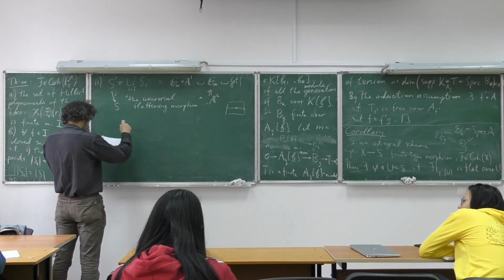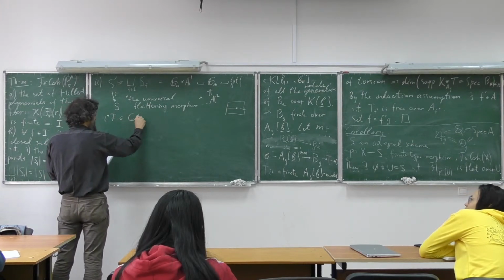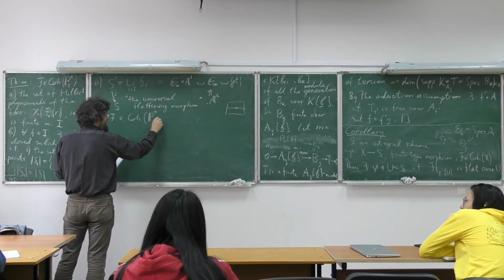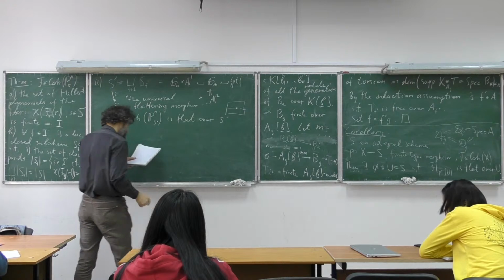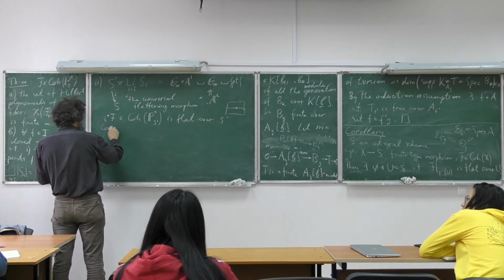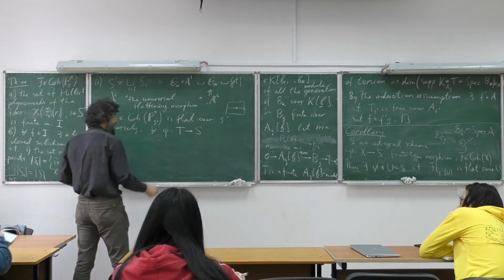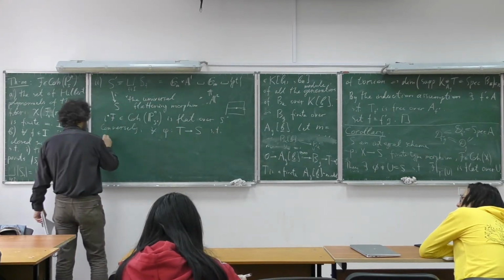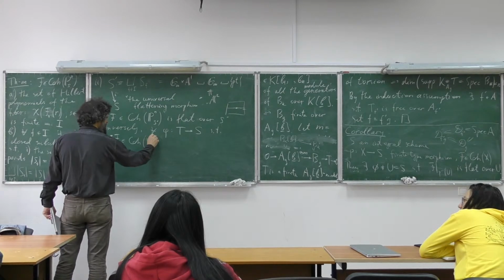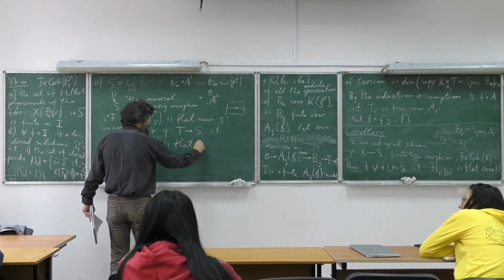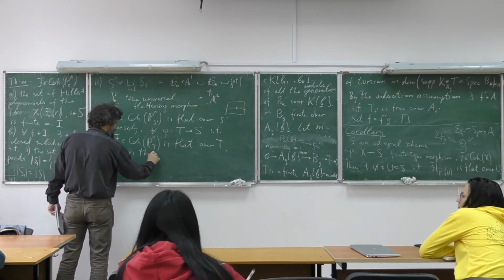Namely, first of all, the pullback of F, a coherent sheaf over projective space over S prime, is flat over S prime, and also, so to say, conversely, for any morphism phi from another scheme T to S, such that the pullback phi star F is flat over T, phi factors through S prime.